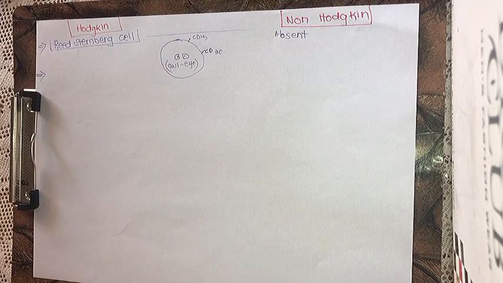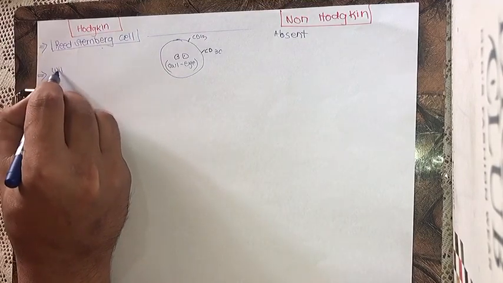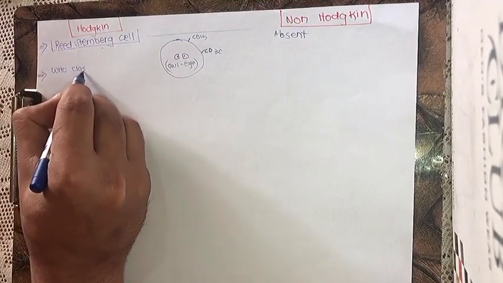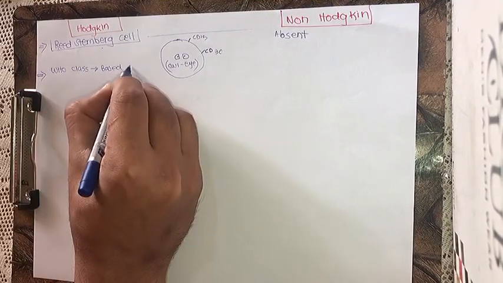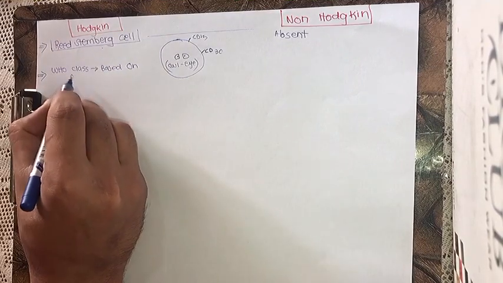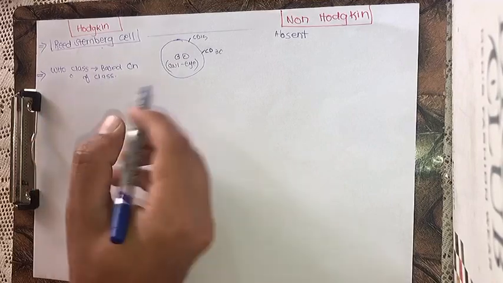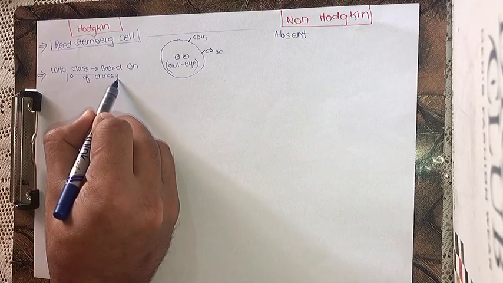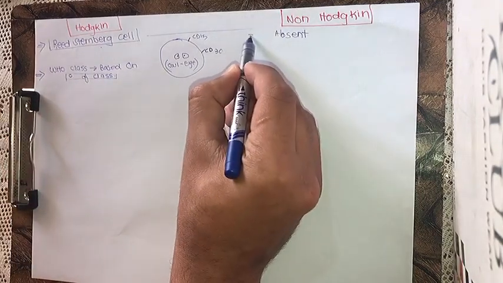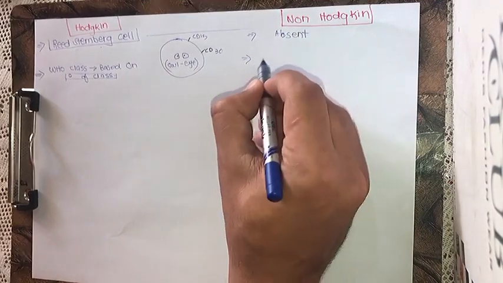Next, in Hodgkin's lymphoma there is a WHO classification, which we discussed in our previous video, and which is based on the degree of classification, whereas in non-Hodgkin's there is a REAL classification.